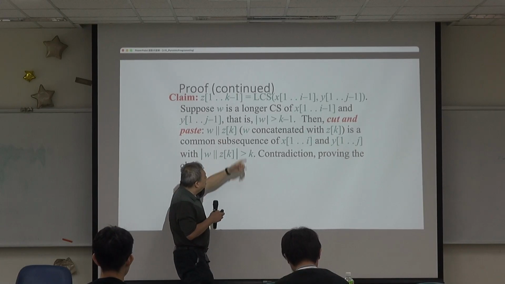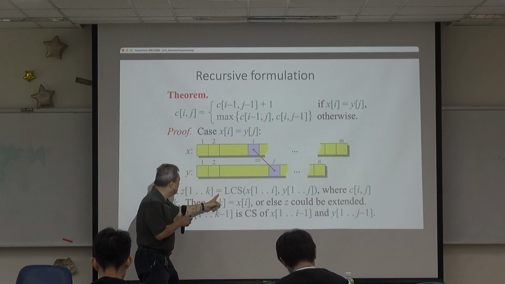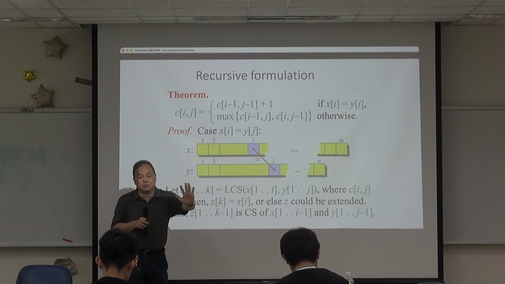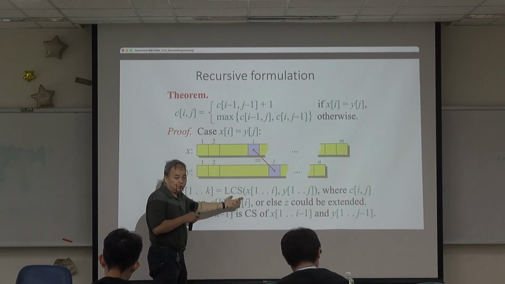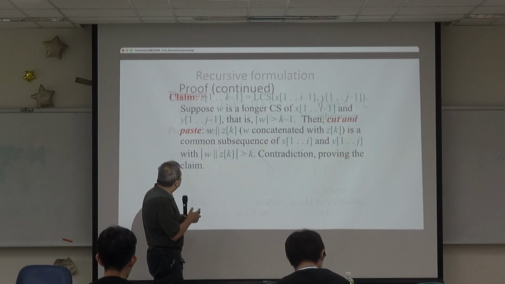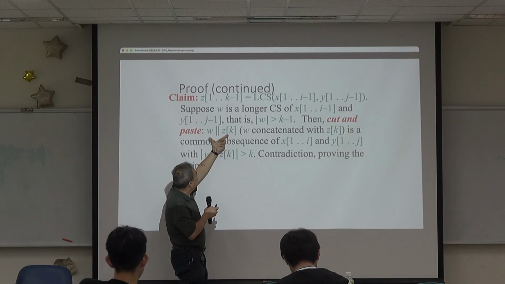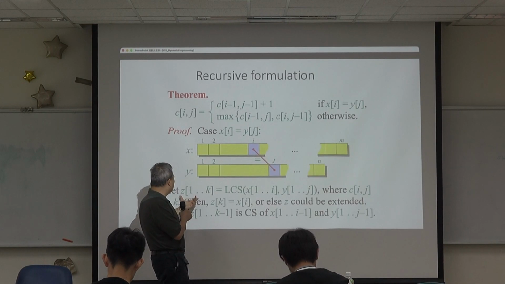But this is wrong, because this one is at least one of the longest common subsequences. So W concatenated with zk, 就是 W 连上 zk, shouldn't be longer than this one, right?